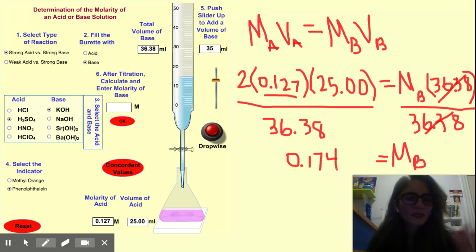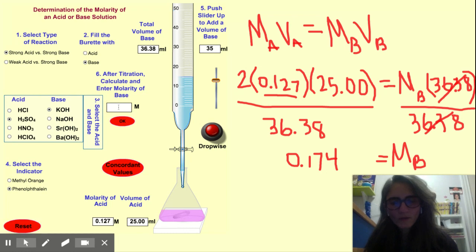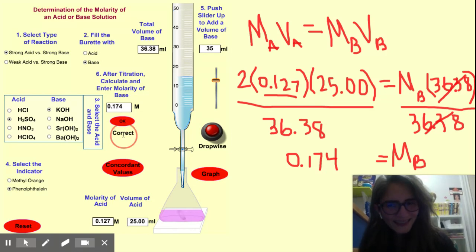I know I could have rounded. It's fine. This will work. I think. I hope. I'm going to put it right here, and let's see if we get it to be correct. 0.174, and I hit OK, and it is correct.